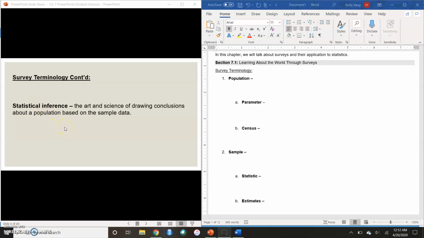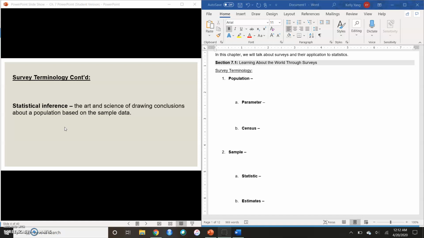The final definition that I want to introduce is statistical inference. So the whole goal of this chapter is to be able to make a statistical inference. And when we say statistical inference, this is referring to the art or science of drawing conclusions about a population based on the sample data.